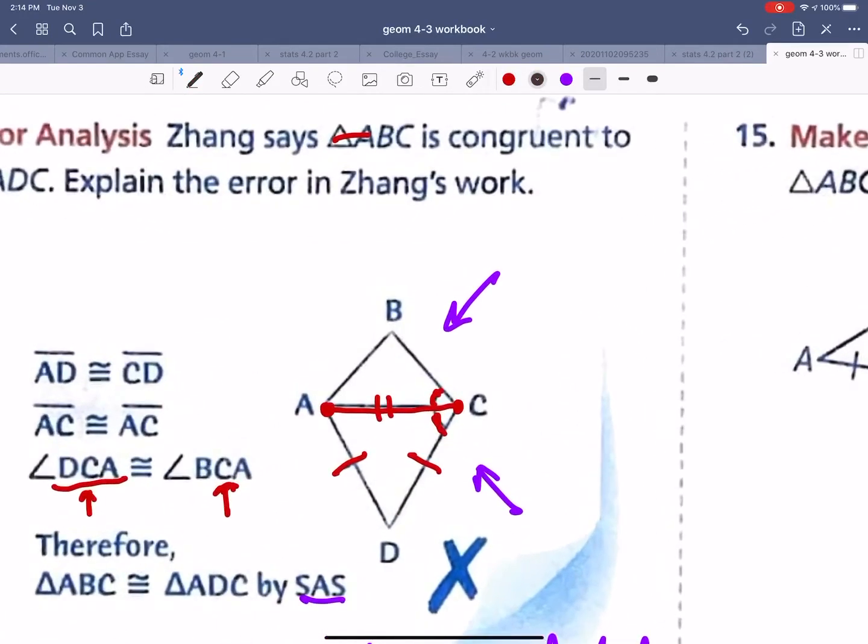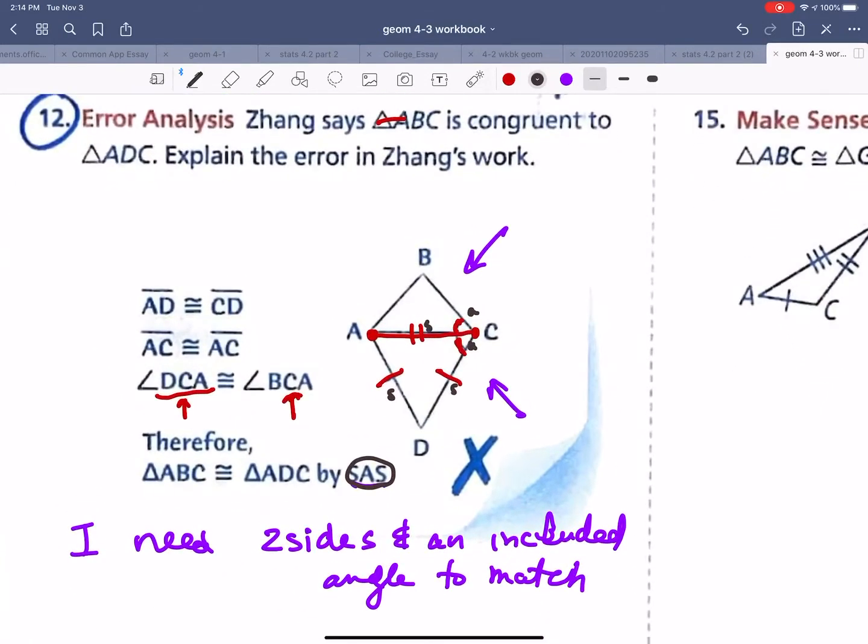Let's zoom in. If I look at that, it's an angle and a side on the first triangle, and an angle, a side, and a side on the second triangle. So this definitely does not spell SAS. It looks like he is not looking in his notes.